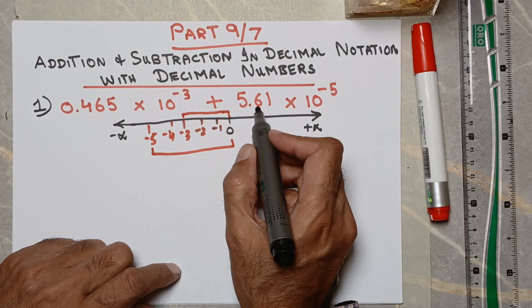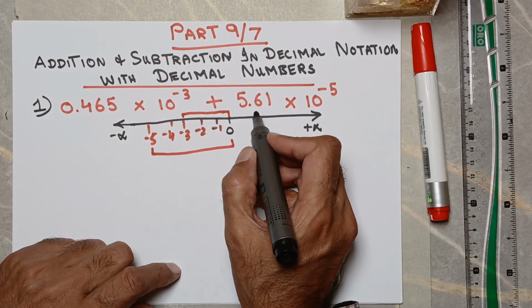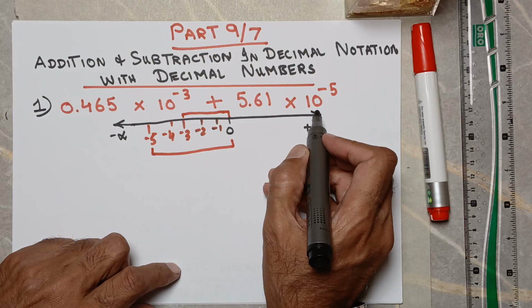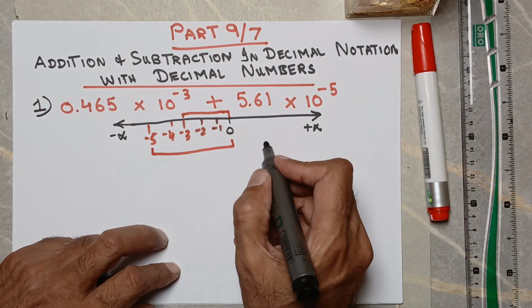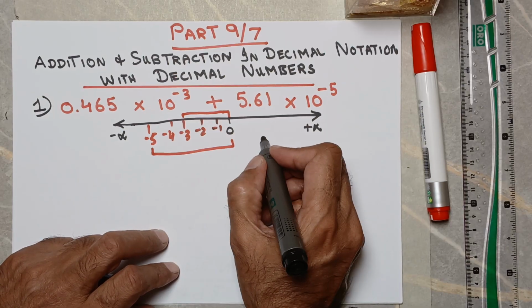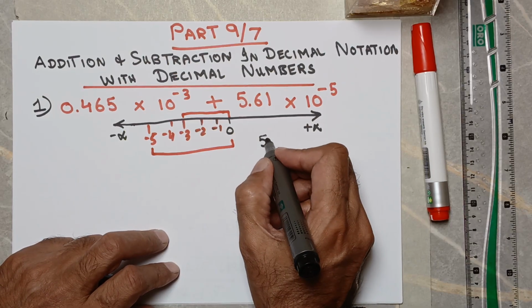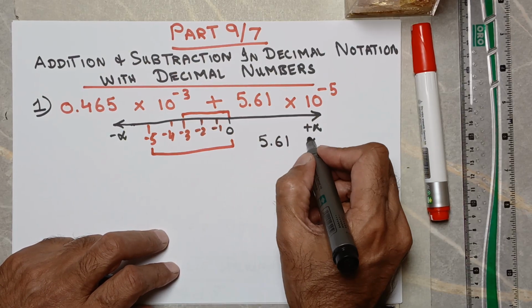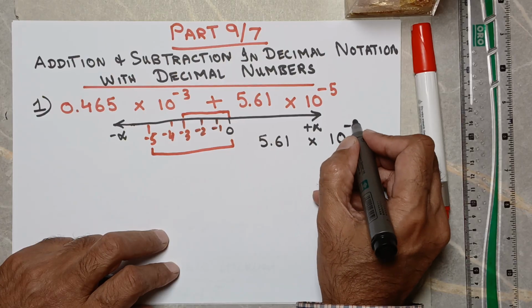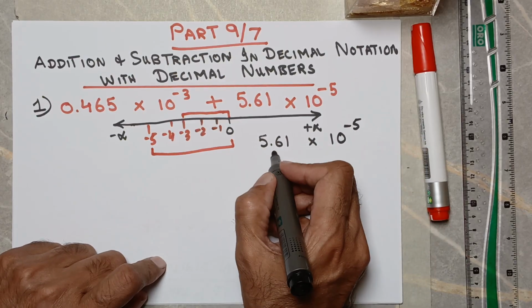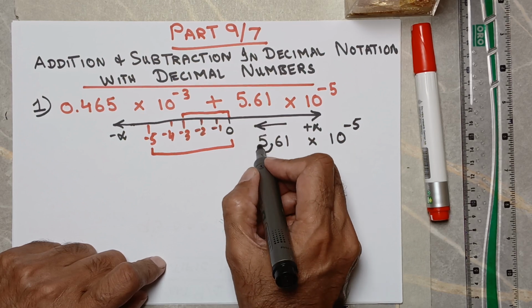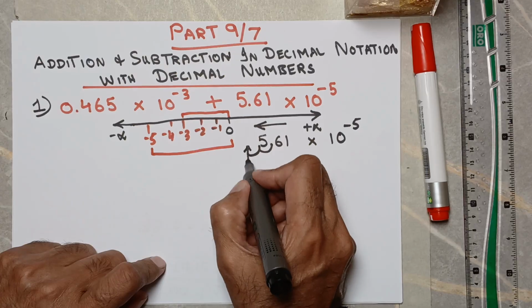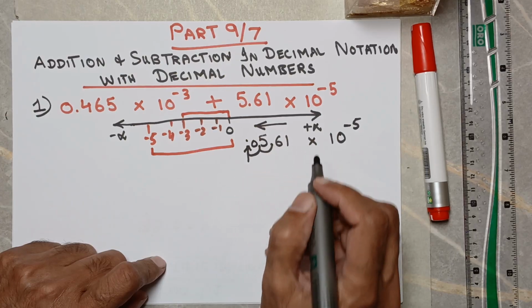Now what we will do is simply pick up the 5.61 times 10 raised to the power minus 5 and make it equal to 10 raised to the power minus 3. How? Okay, just see: 5.61 times 10 raised to the power minus 5. Here we will move this decimal 2 places towards the left: 1 place, and here it is the second place, and here it is our 0.